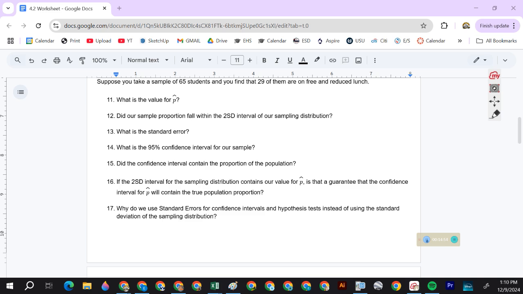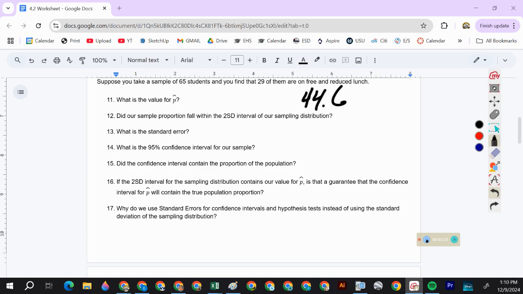Number 11, what was your value for p hat? Oh, 44.6. I heard wrong. Sorry. So 44.6. Does that fit within 2 standard deviations of the sampling distribution? Yes, it does. Okay.